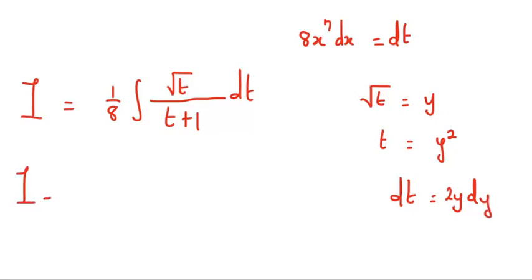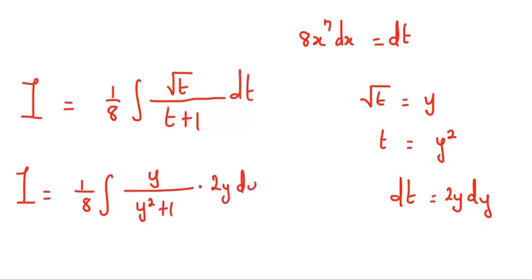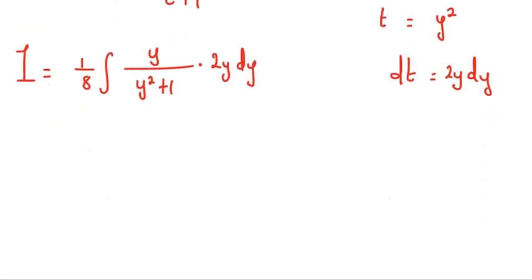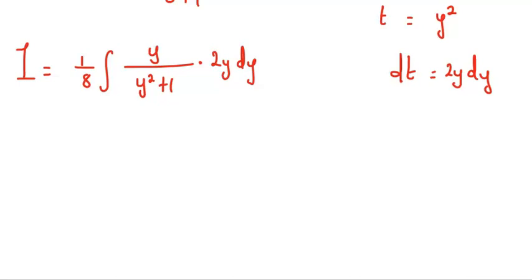So therefore I is going to be equal to 1 by 8 the integral of y divided by y squared plus 1, and then multiplied by 2y dy, because that is our dt. Okay, the 2 is going outside, and 2 over 8 gives us 1 over 4.